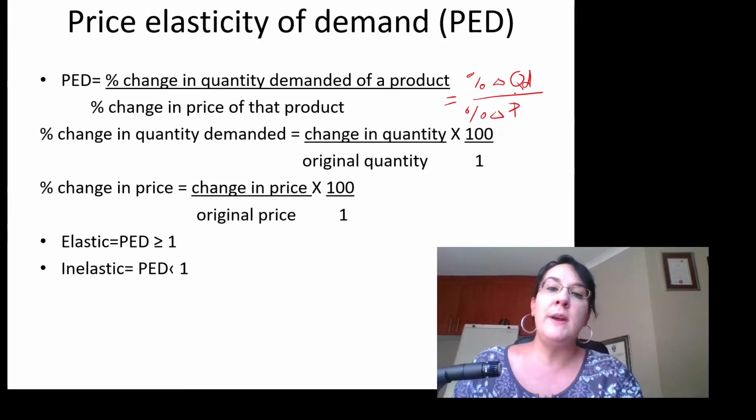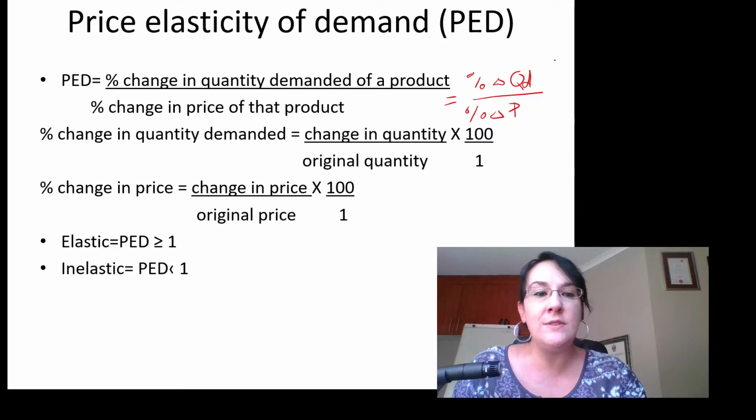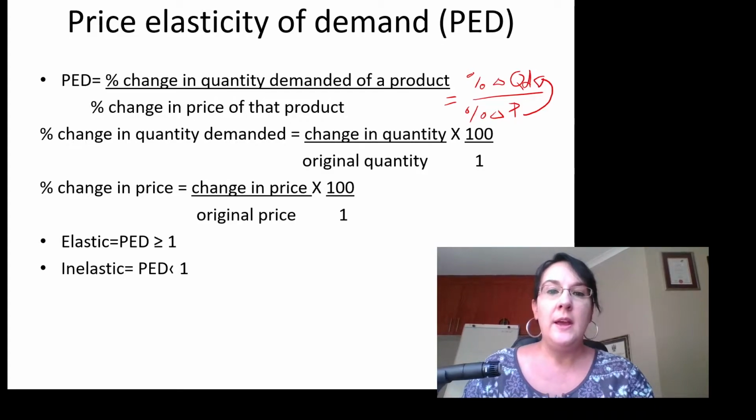As I've mentioned, going with the definition, it is basically how sensitive this quantity demanded, the top part, is in response to a change in the price. So it's how this price change is affecting that quantity demanded. That is my formula.